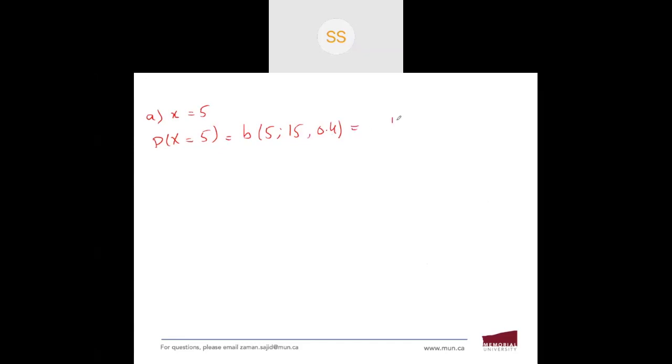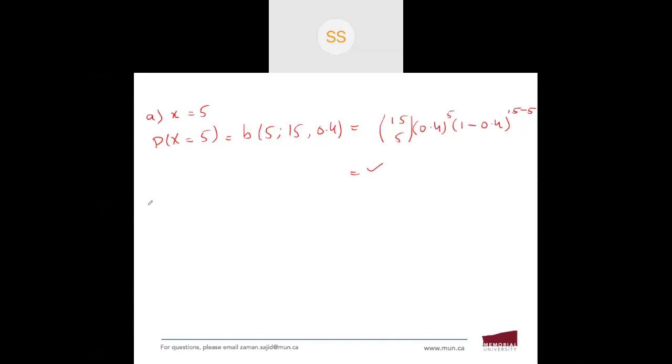You get your 15 choose 5, 0.4 to the power 5, and 1 minus 0.4, which will be to the power 15 minus 5 according to the formula. Okay, and then you find out your answer. I do not calculate that, so you can just figure it out. Now this is when you have exactly 5 people.